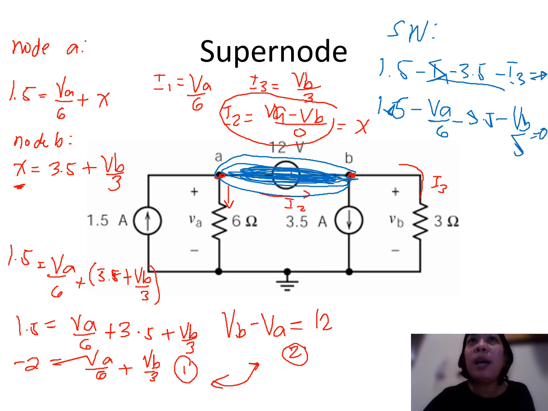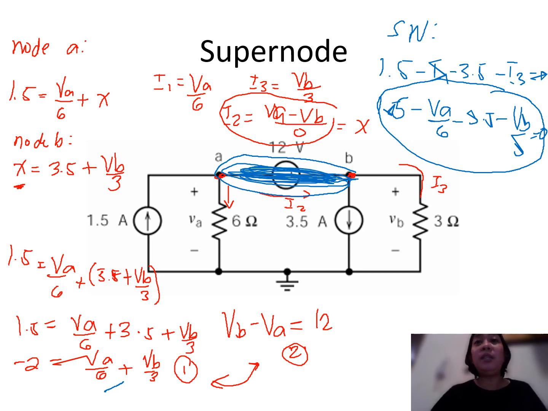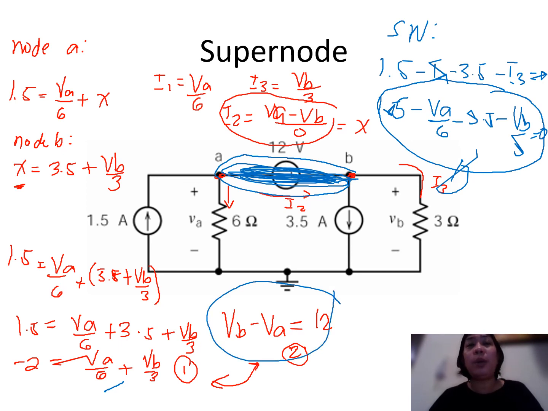Right away, we got this equation, which is very similar to this equation, because 1.5 minus 3.5 will also give you negative 2. But we didn't need to get the equations of node A and node B anymore. If we made this a supernode, we can right away go to this specific equation. This will be your equation 1, and your equation 2 is the same. This is still your equation number 2.